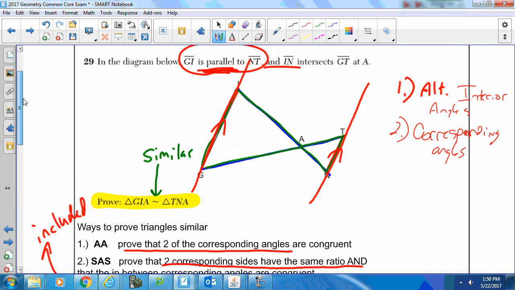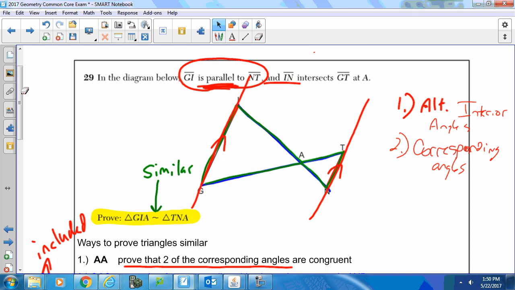All right, now let's look at our diagram. If we know these two lines are parallel, that I drew, they have these arrows, then we know that angle G is alternate interior with angle T, which means that they are congruent.